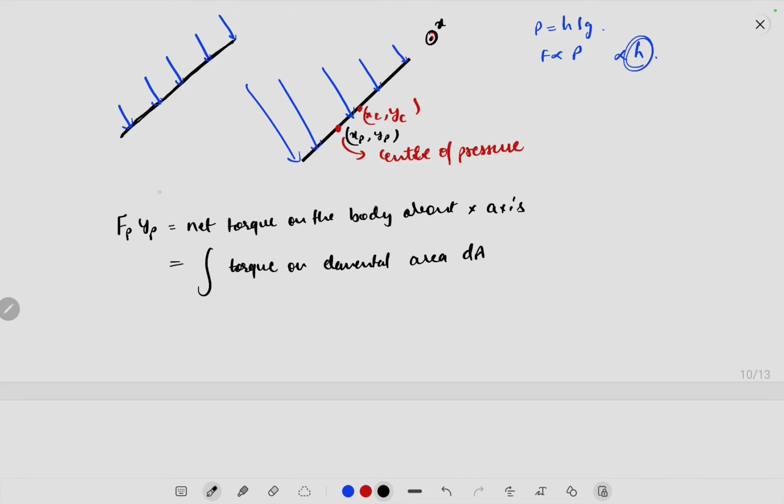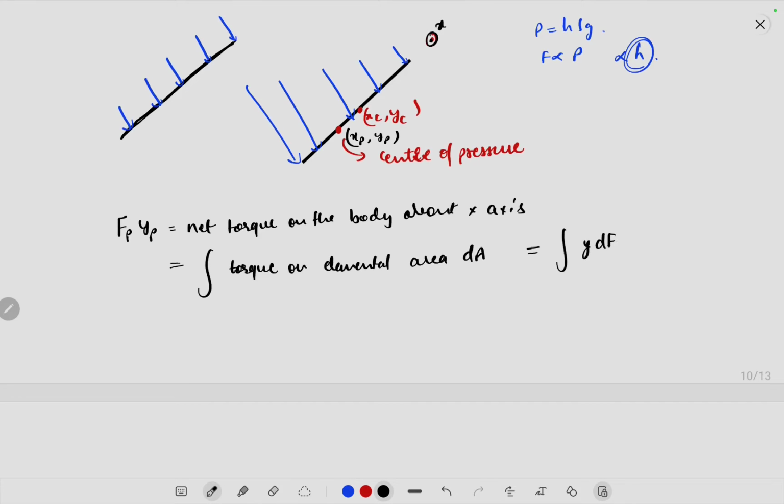So we'll just use this trick to find the coordinate value yp. So what would this be? This would simply be y times dF, right?